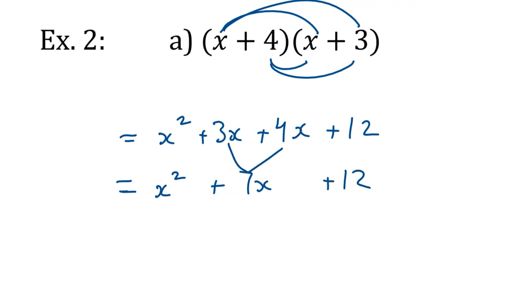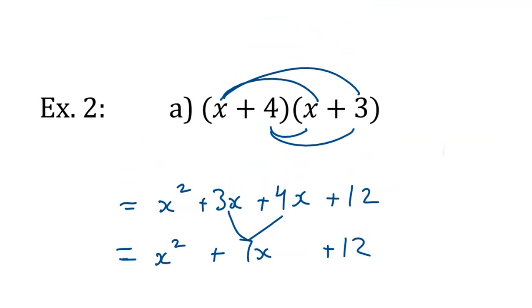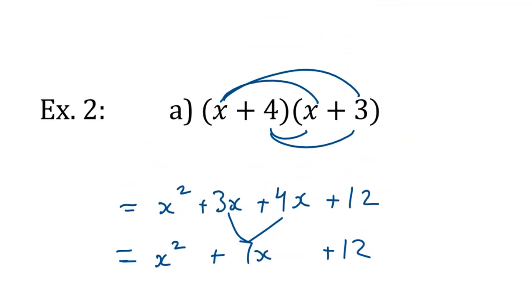And with this pattern of these kinds of questions that we look at, that always happens. And this is how we learn to factor, is recognizing this pattern and recognizing that these binomials are special. X and a number, x and a number. If it was x and a number and then y and a number, then it wouldn't follow the same pattern.